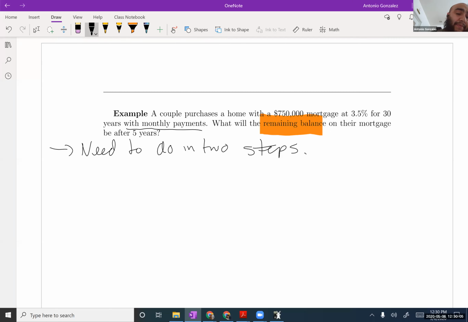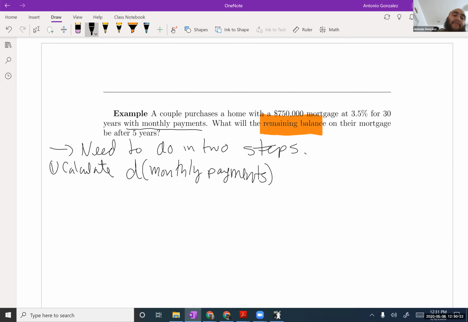The first step is to calculate the monthly payments using the original mortgage information.